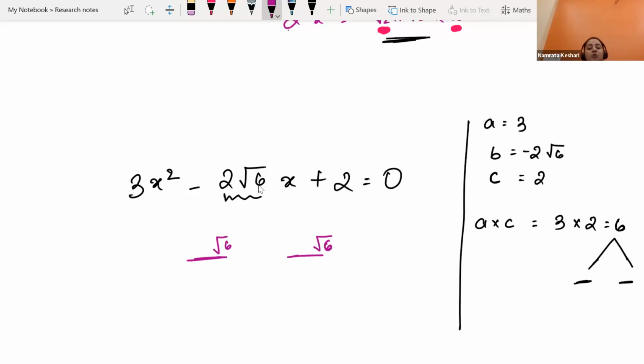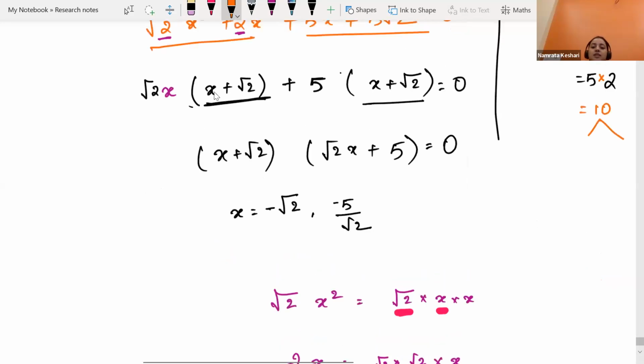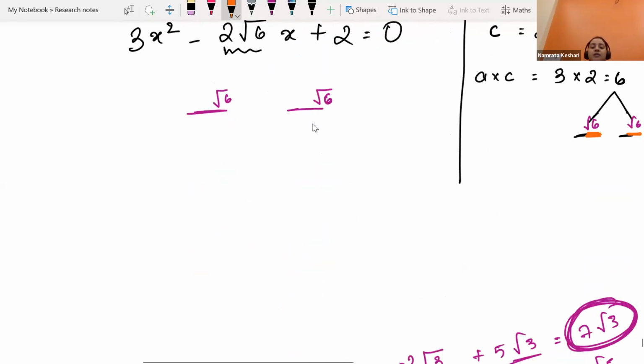Now apart from root 6, what else? We realize both numbers must have root 6 along with them, but which number to take in front of root 6, that is the biggest confusion. So let's think: root 6 and root 6 multiplied together give just 6.